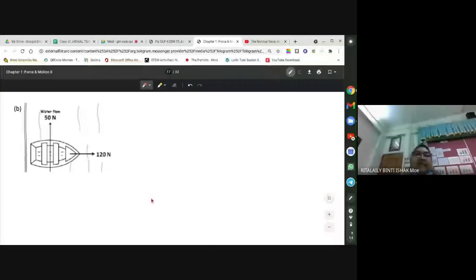Ashley, can you tell the class what is the resultant force for the boat? The boat has a thrust of 120 Newton and the water flows perpendicularly to the boat with 50 Newton force. So what is the resultant force?